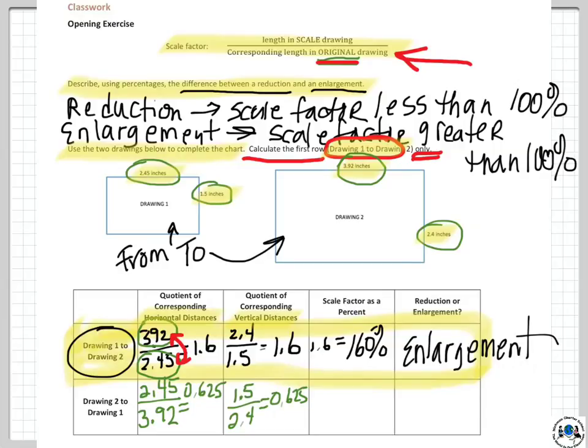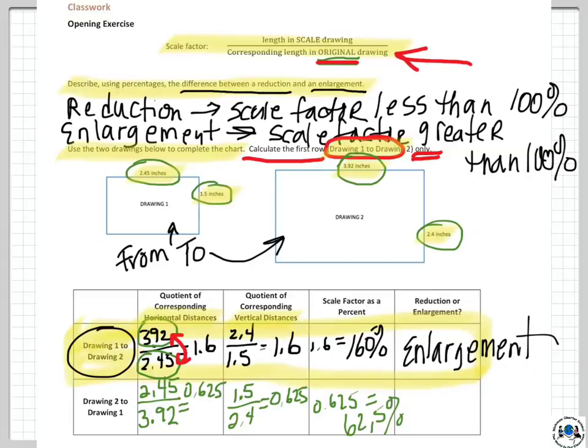Scale factor 0.625 is equivalent to 62.5%, which was really close to what I had guessed, predicted, or conjectured.